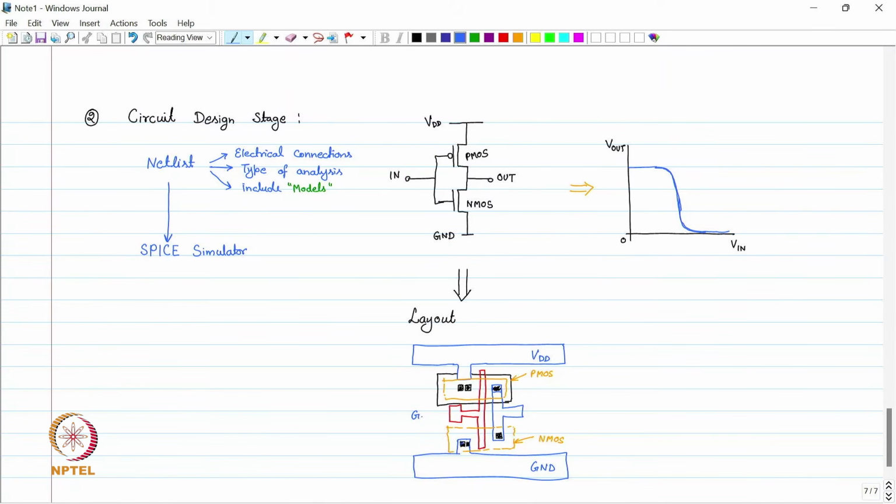This is the gate. This is the output terminal. This is the input terminal, and this is the supply, and this is the ground.